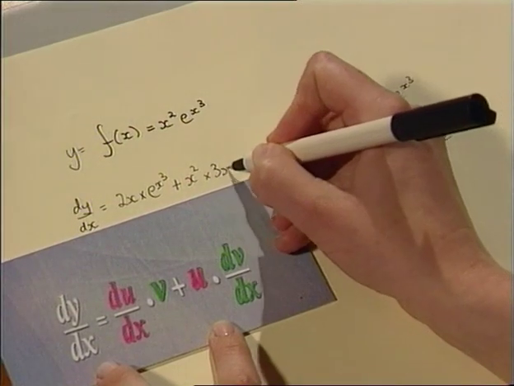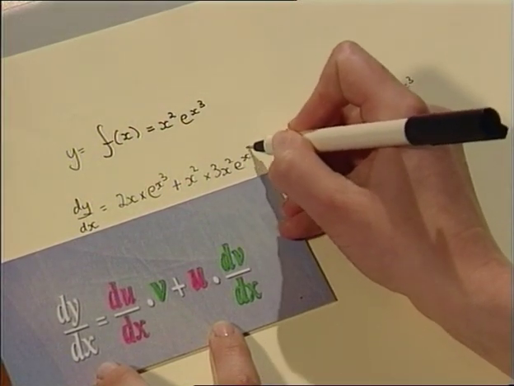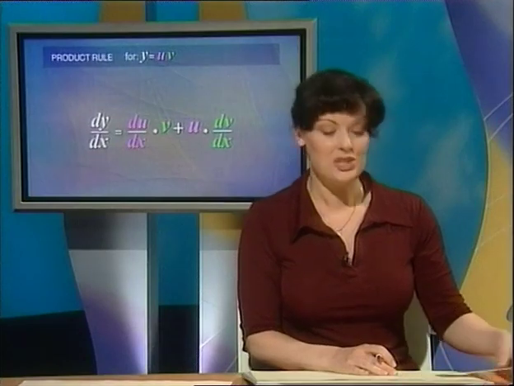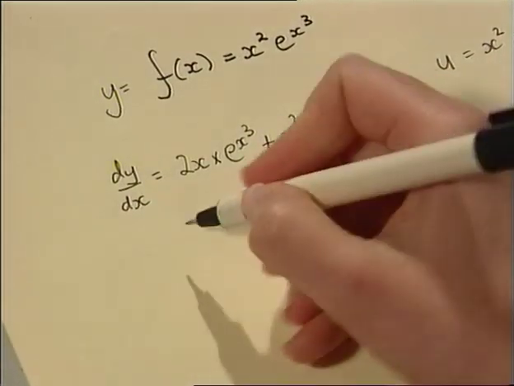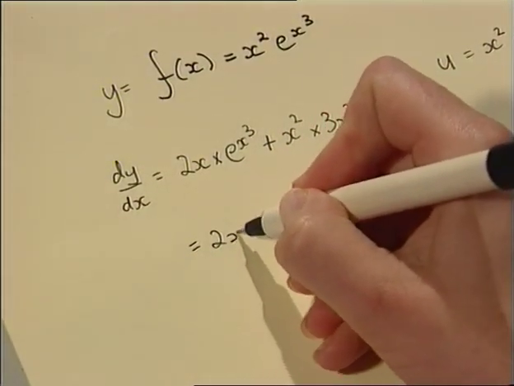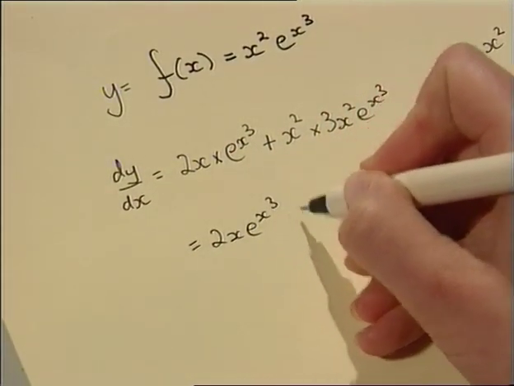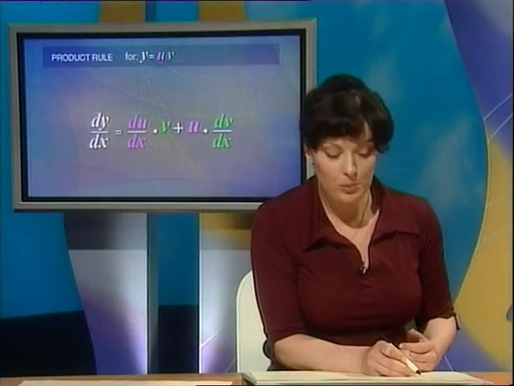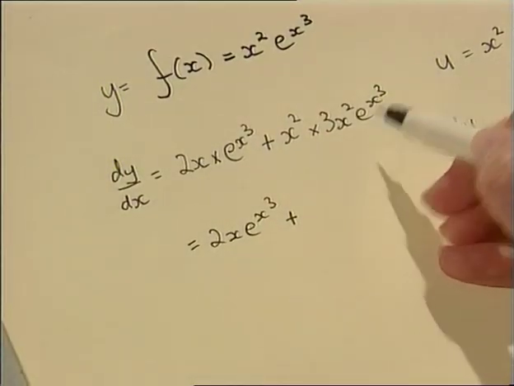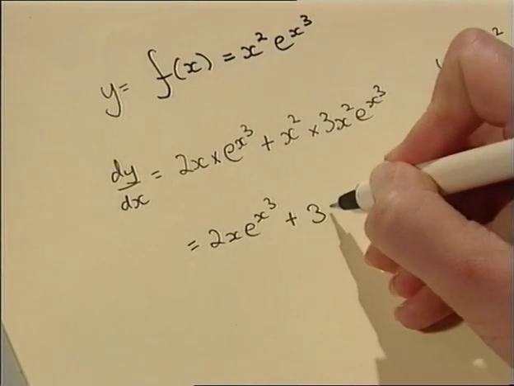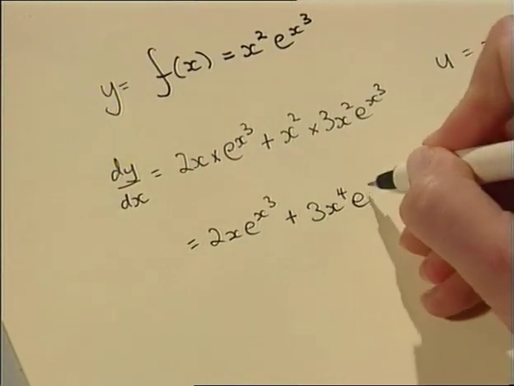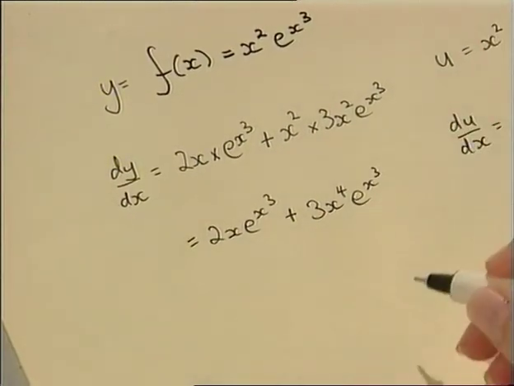That's the result that we found before. So 3x squared e to the x cubed. Now it's just a matter of tidying this up. I'm going to take out the multiplication signs. So 2x e to the x cubed. And I'm going to incorporate this x squared into this term. So 3x to the power 4 e to the x cubed.